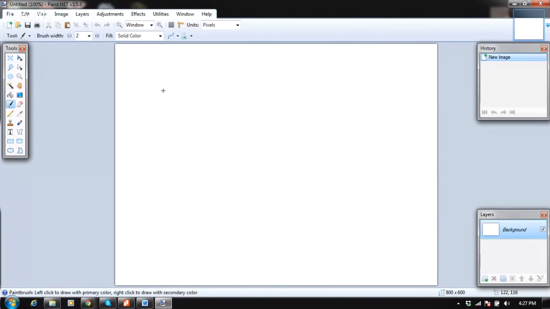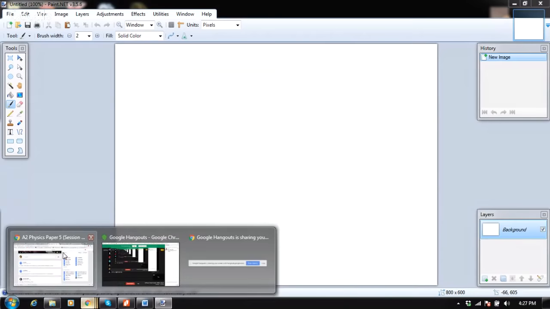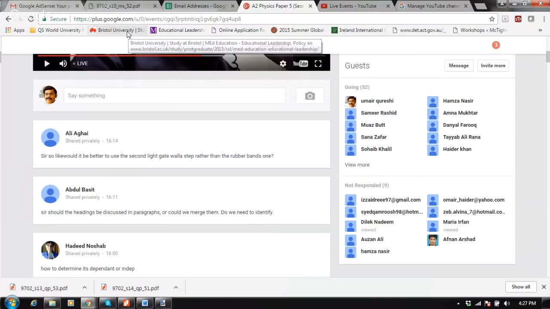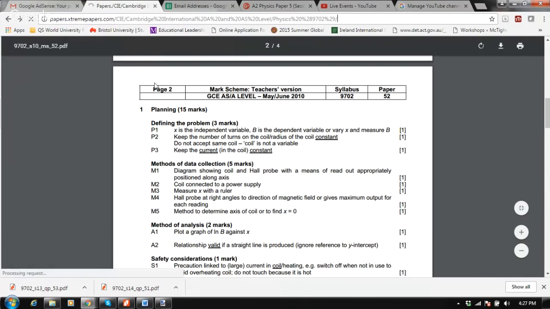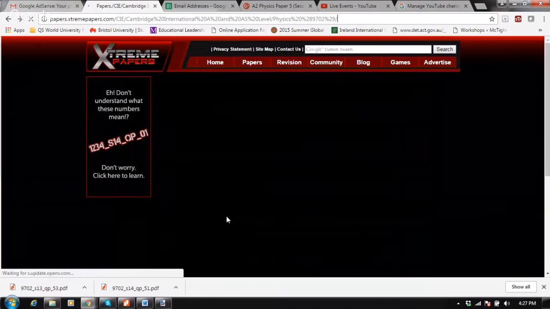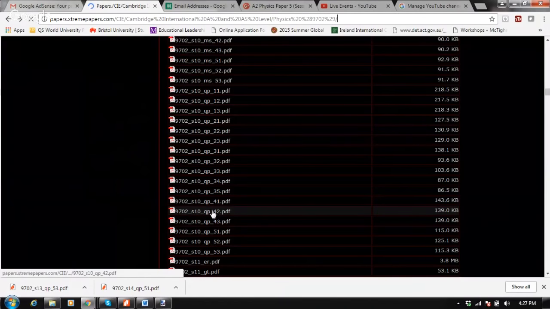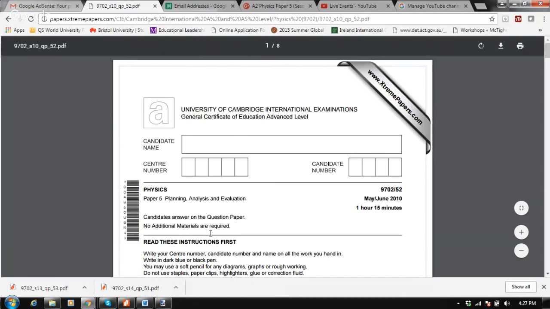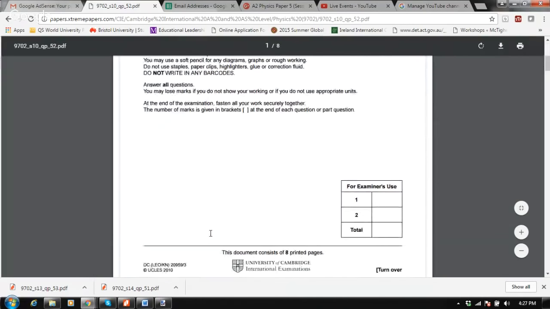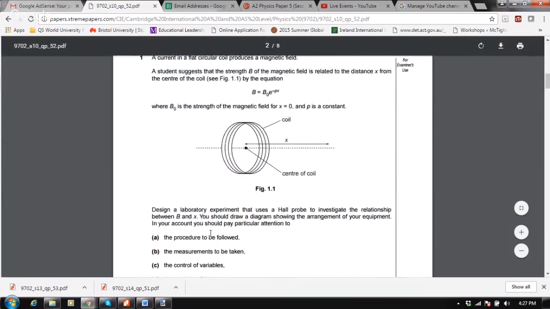Okay, so let me draw the diagram. Here we go. There is a coil. If you look at the paper, here is the question. There is a coil.